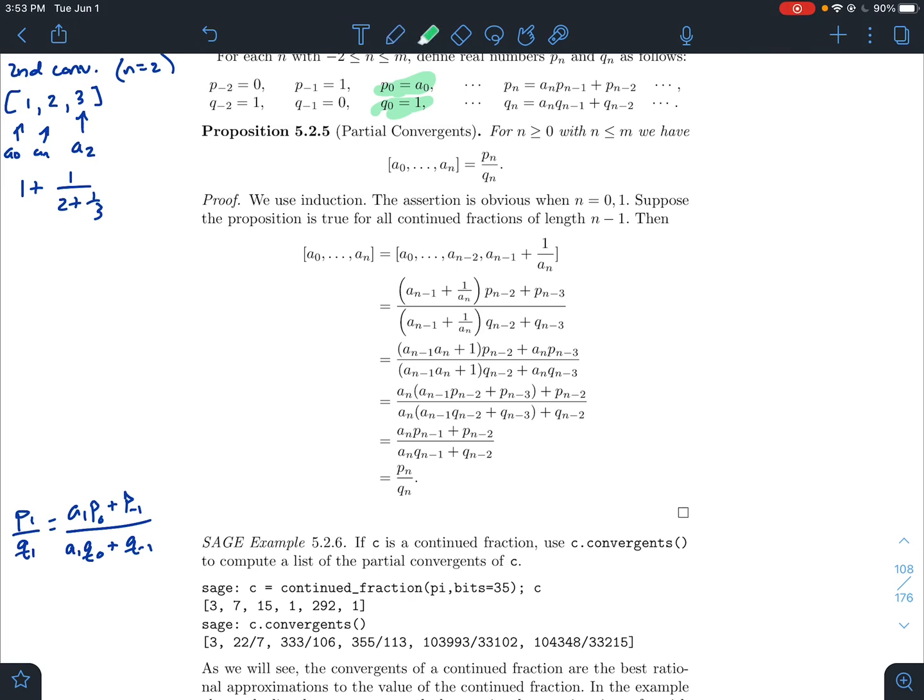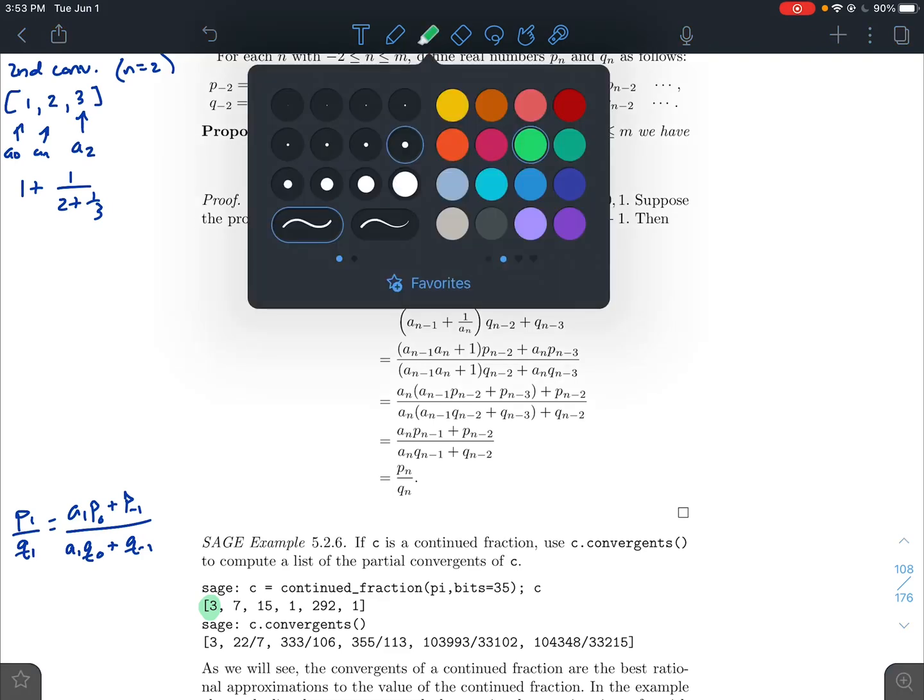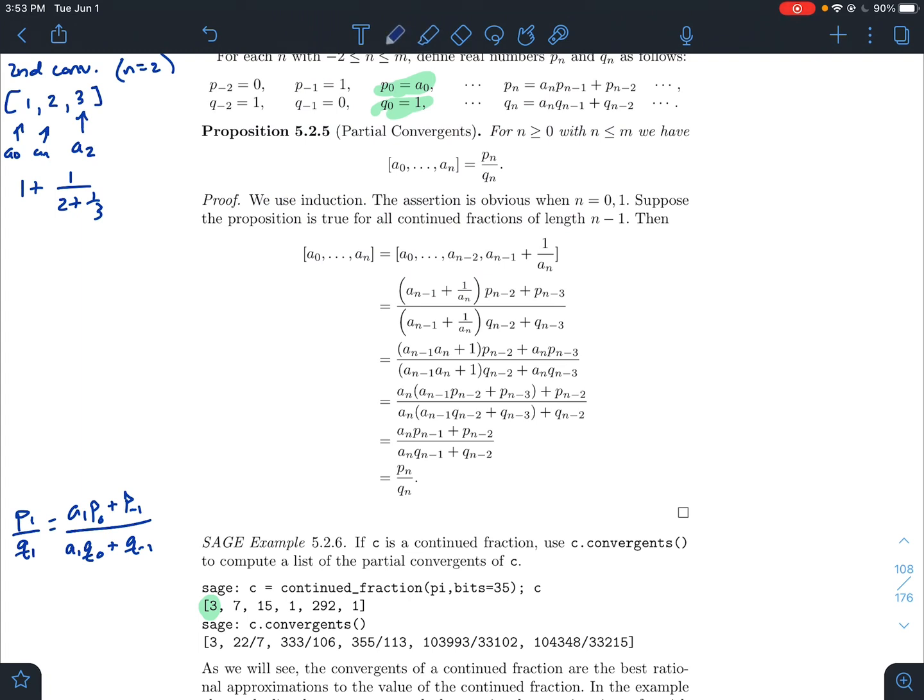Now let's plug in the things that I actually know. I know that P0 is just 3, and A1 in this case is 7. So this should be 7 times P0, and P0 we said is 3, plus P negative 1. P negative 1 is just 1.